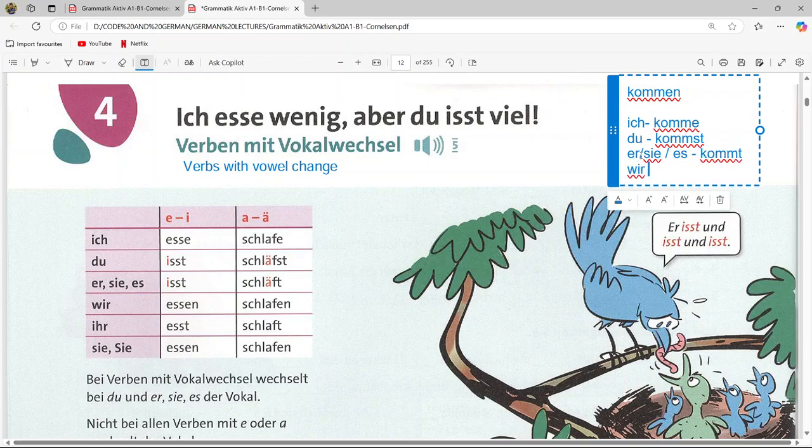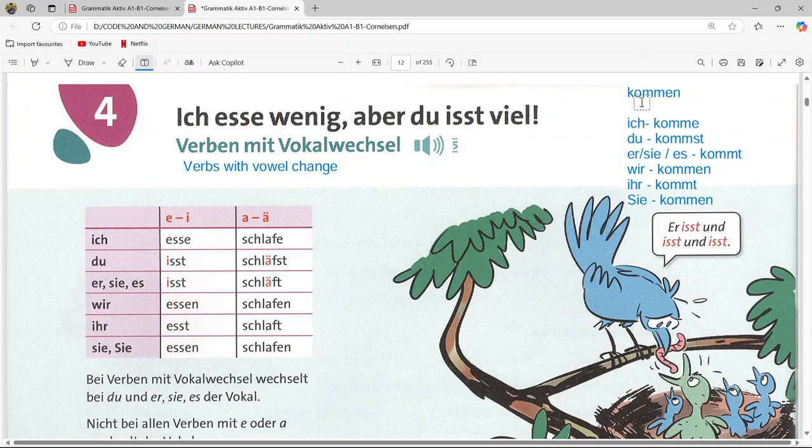Wir kommen, ihr kommt, and lastly formal Sie or plural sie, it is kommen.